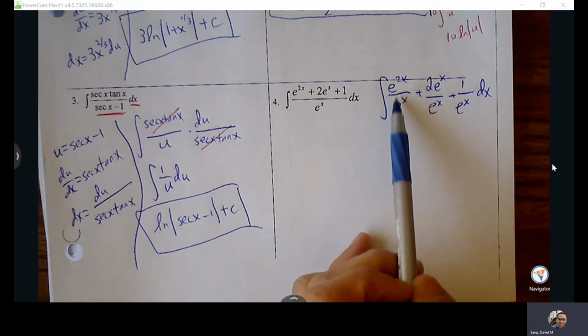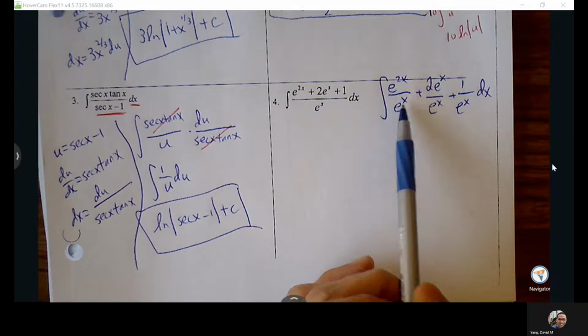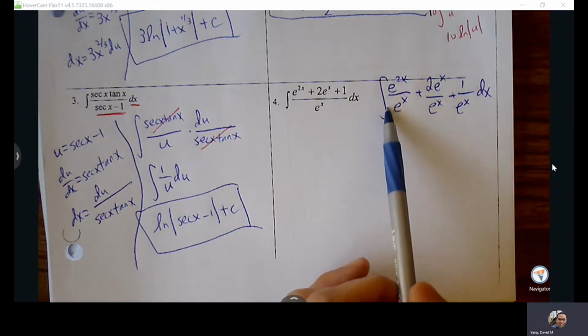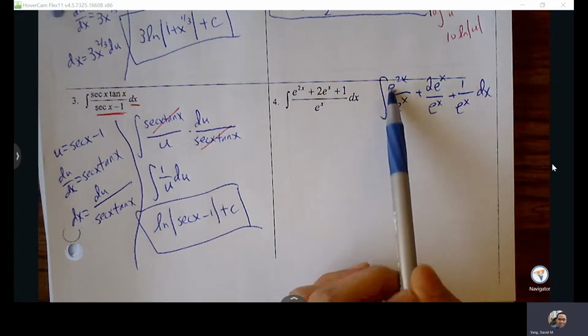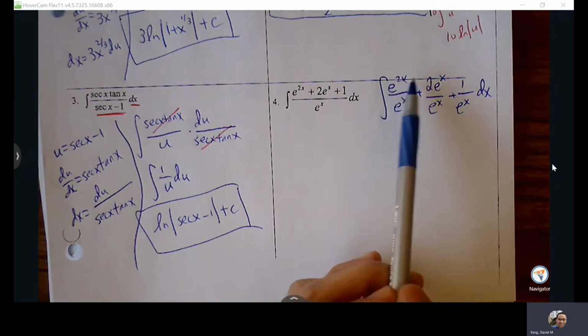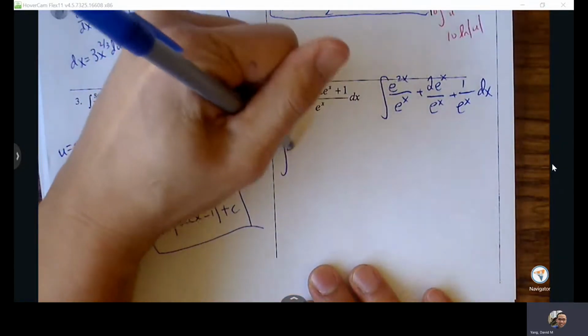Okay, so how do I clean up this first term here? Okay, good. So you can either bring it up and then add exponents, or if you divide bases, you can also think of it as subtracting exponents, right? So either 2x plus negative x or 2x minus 1x, either way, you're left with just e to the x.